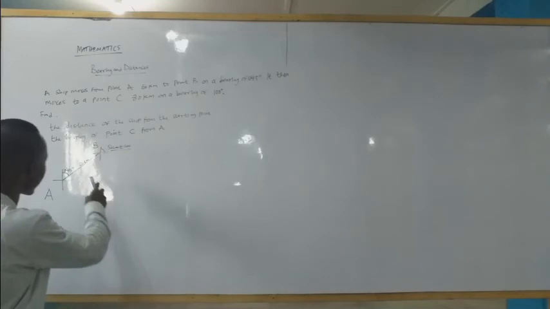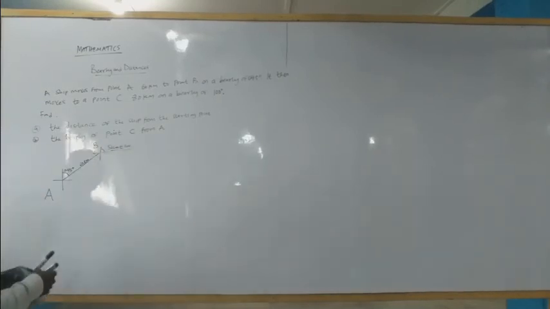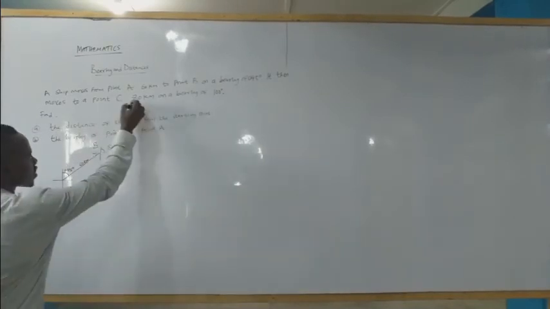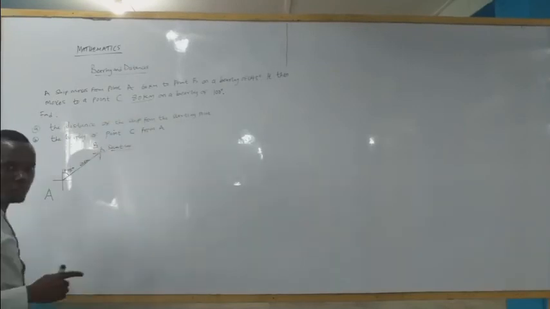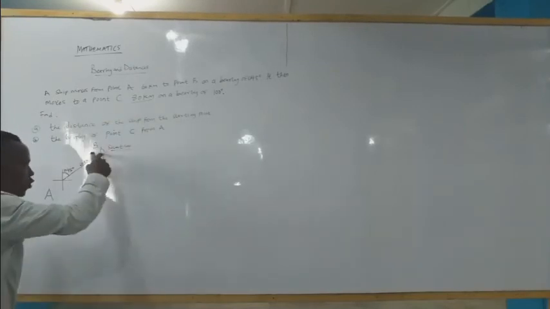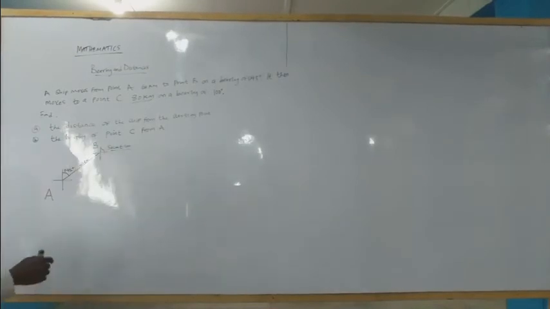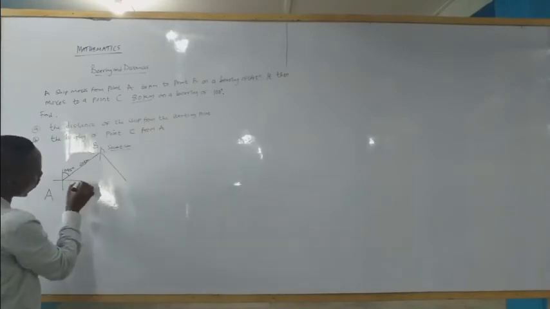It's only when they are equal that they will be on the same line. From this question, the distance from B to C is 80 kilometers, which is greater than 60 kilometers. So we have to draw the line going below the one we have here.